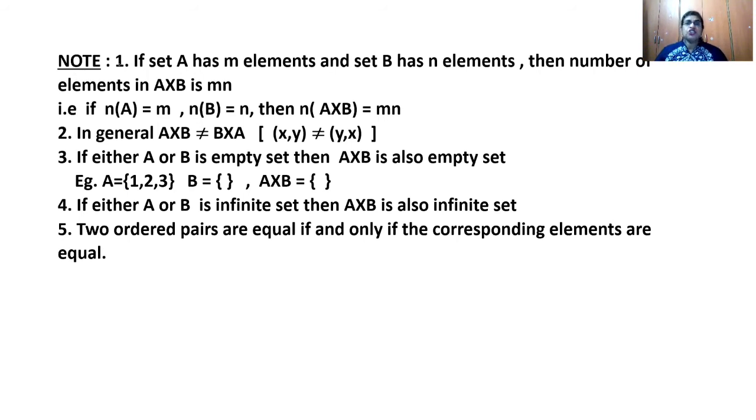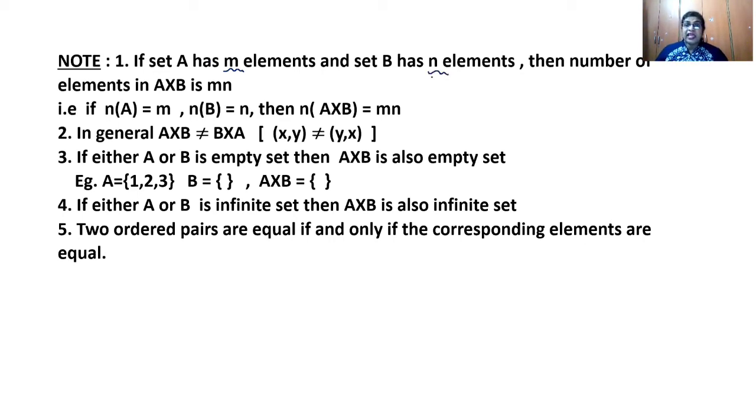So what is the first note telling us? I had given you some examples, and through the examples I made you understand how to find the number of elements in the cross product. Now in general, suppose the set A has M elements and the set B has N elements.